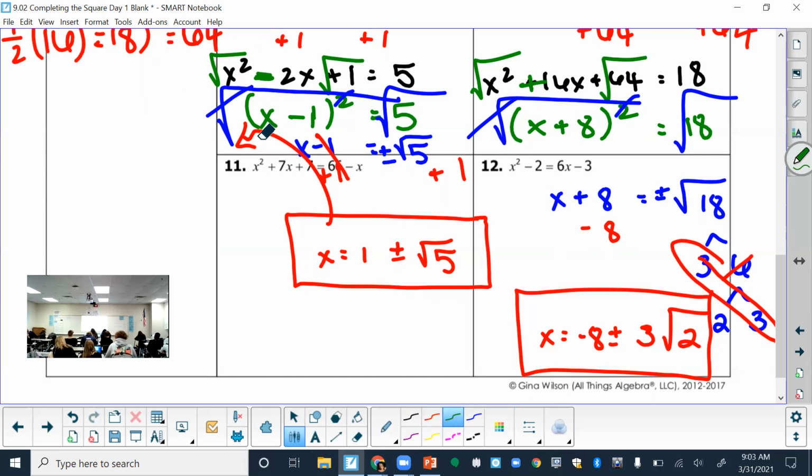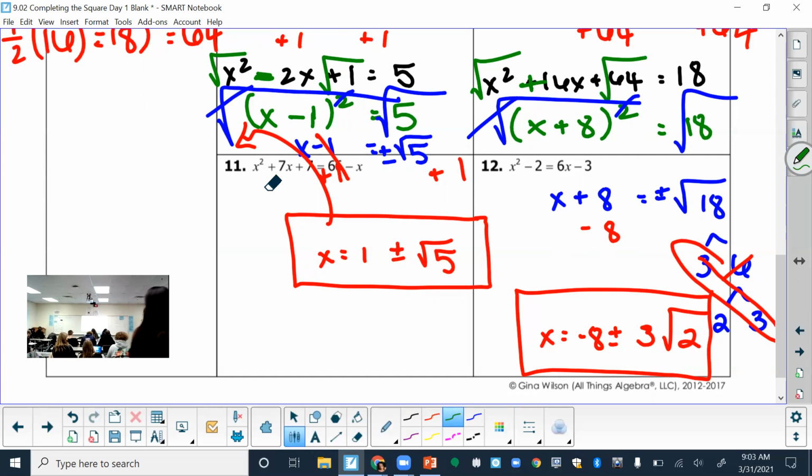All right, now actually I'll save the you try for one that's on your practice. So on your practice, whether you chose to do evens or odds, do number 15. If you did evens, you can just do 15 instead, that's fine.